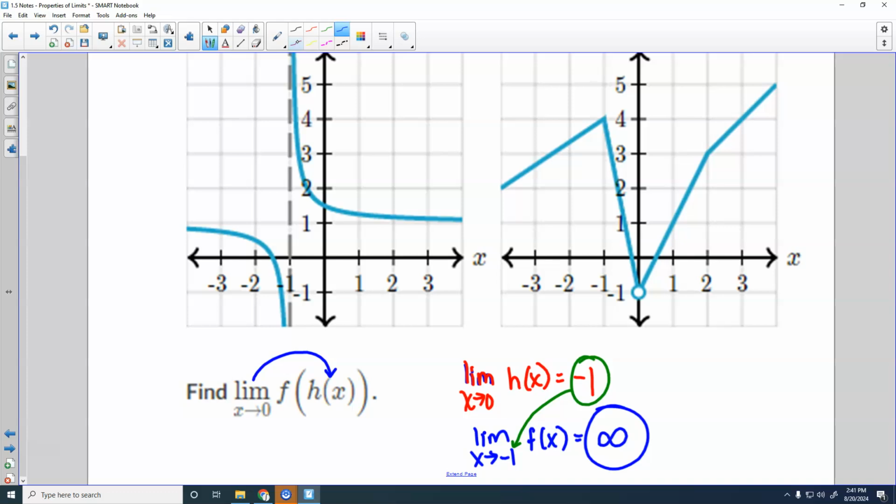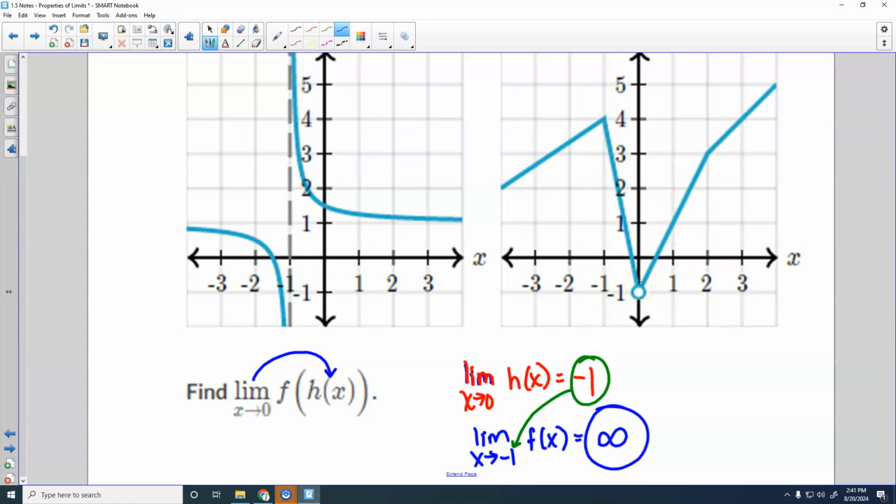Okay, so here is what happens. If I'm doing the limit of this, I'm going to approach negative 1. Which direction do I approach from? Both directions, right here, for both left and right. The values on this left side are above negative 1, right? The y values. So as I get closer here, those y values, which are about to become my x values in the next part, are coming from above, and this is coming from above.